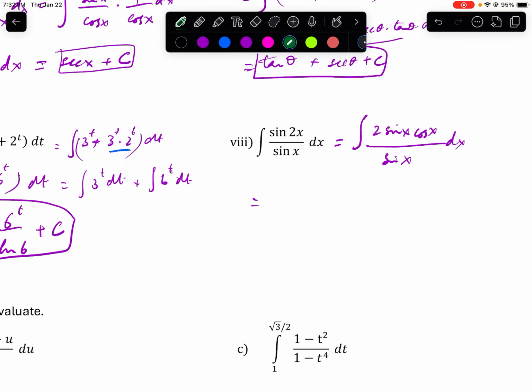We are left with 2, which I can put outside the integral, and inside we have cosine x dx.